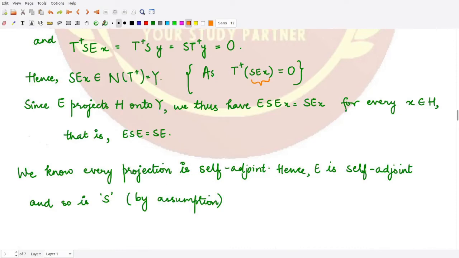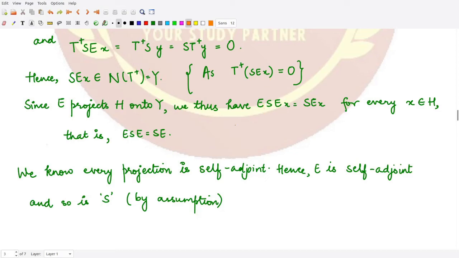And moreover, this E projects H onto Y. So therefore, using the properties of projection, because this S E x is a member of Y, it would surely project all the elements of Y onto Y. So that means it would act as identity on all the elements of Y. So that is why if you apply E onto this element here, you would get it back, right?